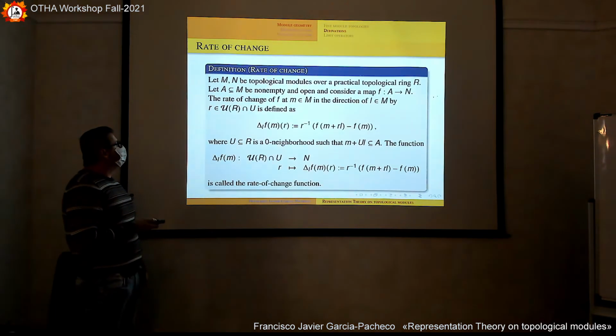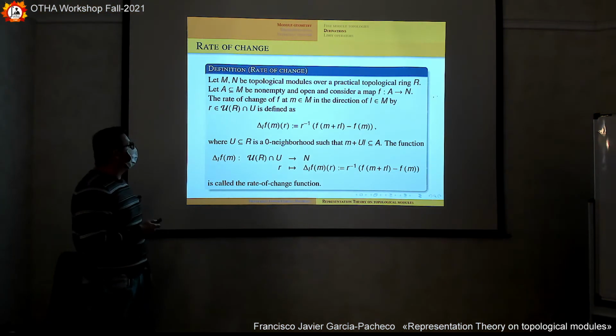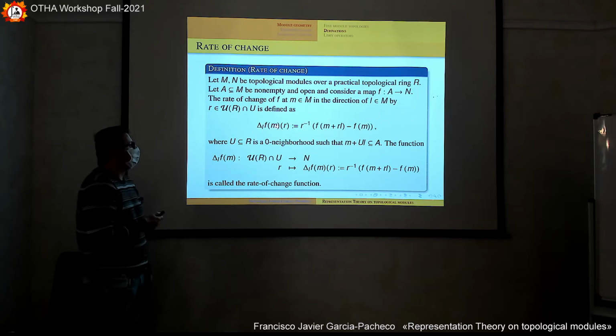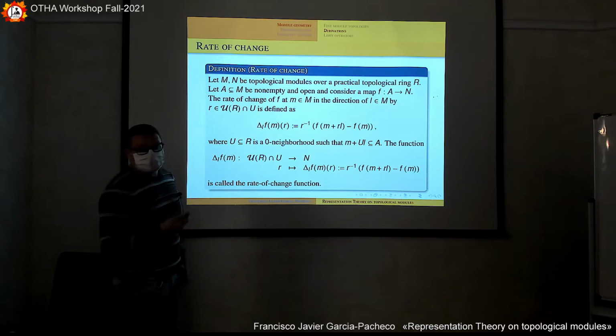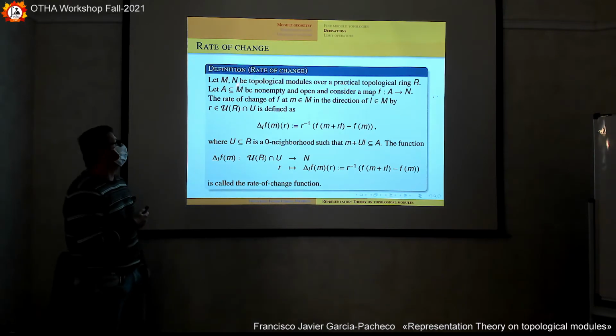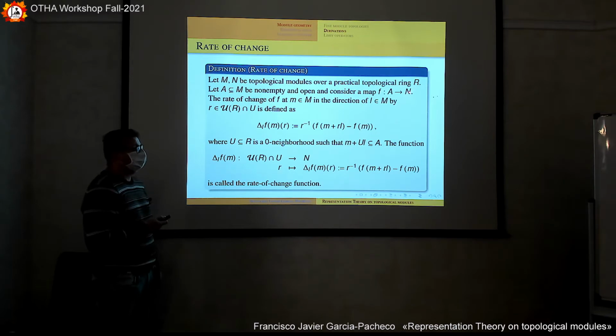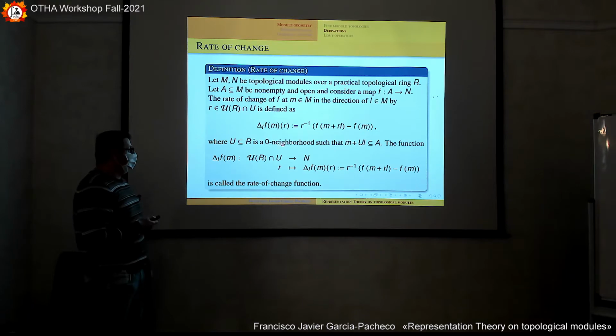So, with this, now we can define the classical definition of rate of change in this setting. Remember that we are considering left modules over rings, because all actions are considered by default left actions. Then we have the rate of change of a function defined on an open set with values in another module.